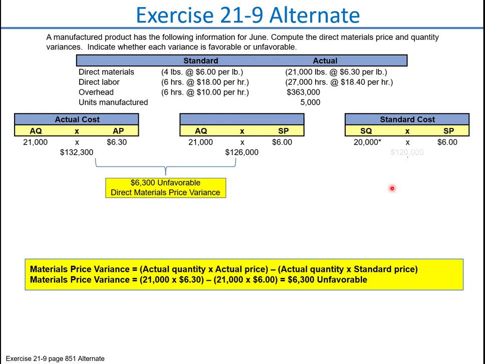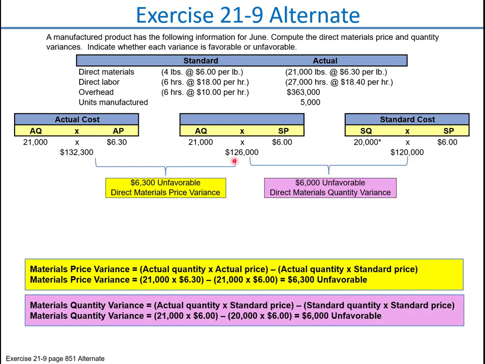Standard price is 6. Multiply those together and subtract from the 126. Actual quantity here was greater than the standard quantity, so this one also is unfavorable. This is another way of computing the materials quantity variance.